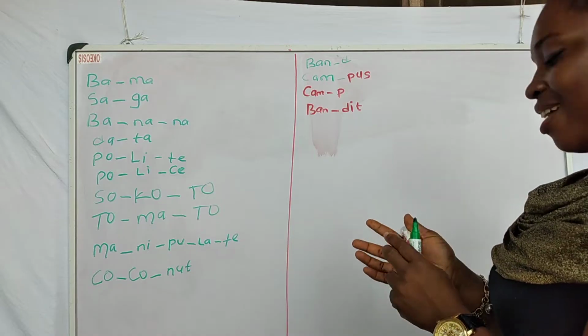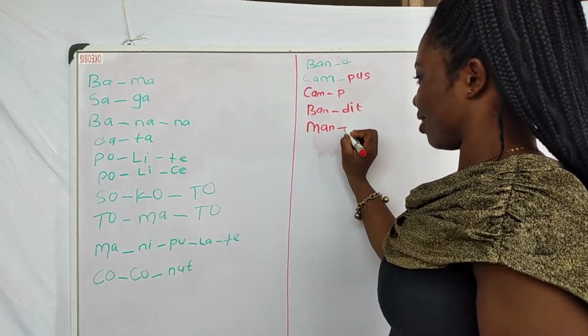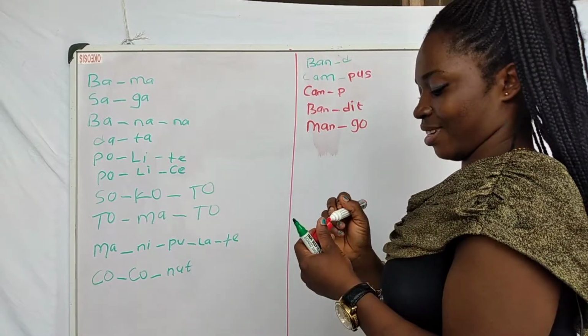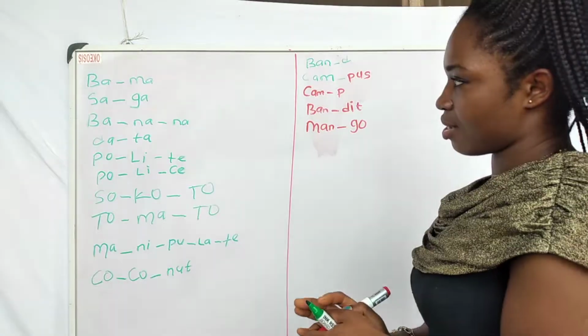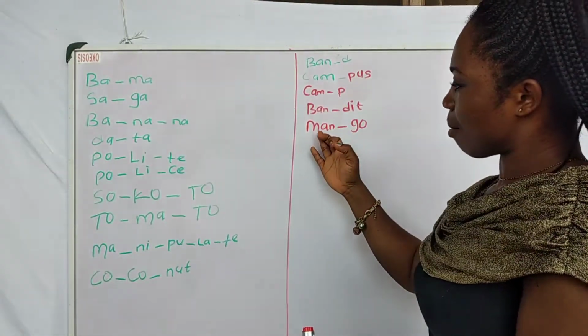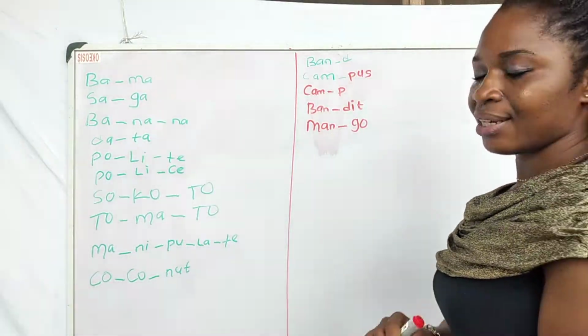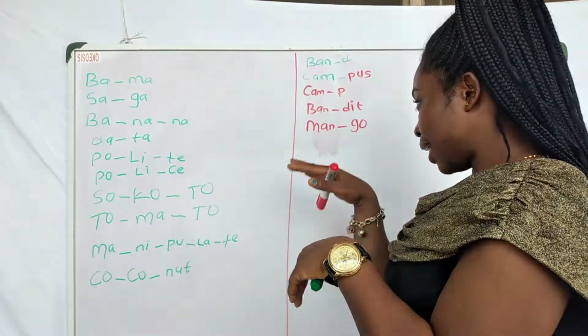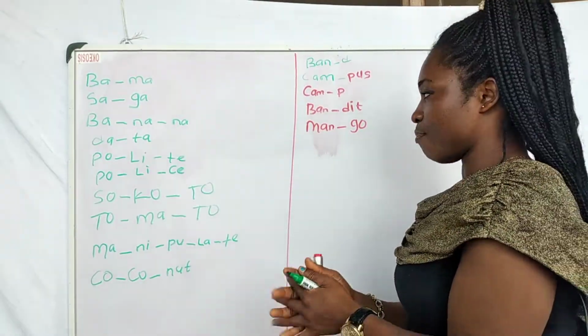Okay, let's try M-A-N, then GO. As we all know, we made mention of this as ma. These 2. When we now add N, it becomes man. This 3 alone on its own is a word. It's a 3-letter word, a meaningful one.